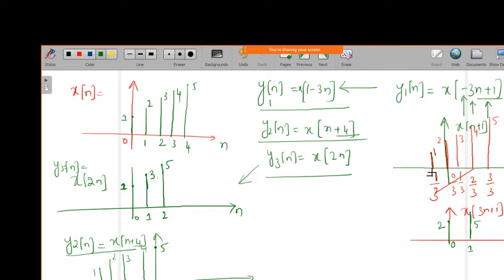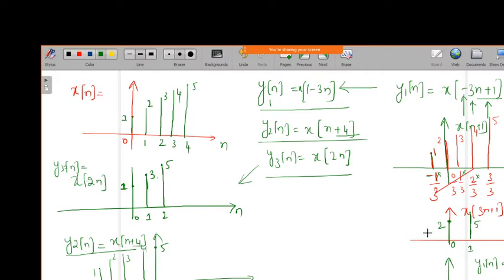Because this is a fraction, 0.33, and this is also 0.33, and this is 0.66, these are going to be discarded. So only at 0 and 3 by 3, which is at 1, you will be having amplitude 2 and 5. So now if you do the reflection, what will happen? You will get y1 of n, which is equal to x of 1 minus 3n, whatever is given.